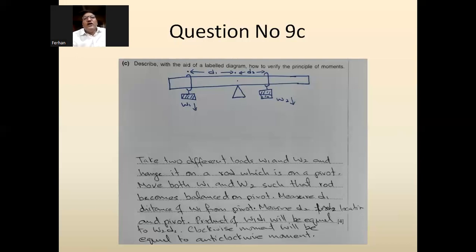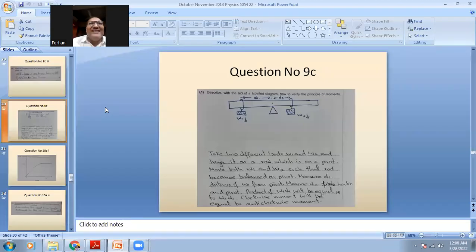Measure D2, the distance of W2 from the pivot. The product W1 D1 will be equal to W2 D2. Clockwise moment will be equal to the anti-clockwise moment. So this is a 4-mark question. Please try to write a better answer. I have just given you an example of how you can write this answer.